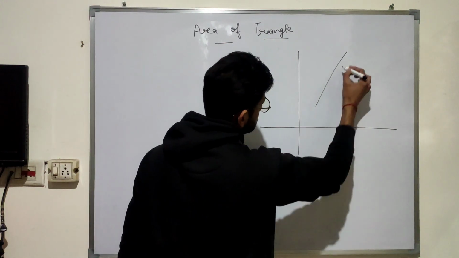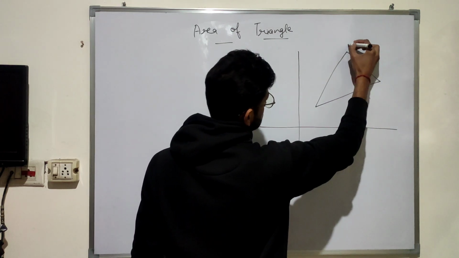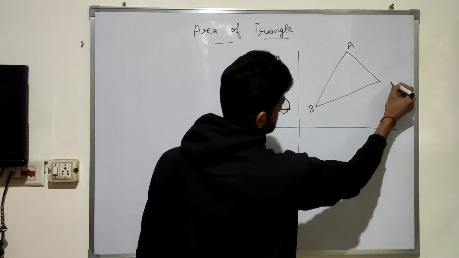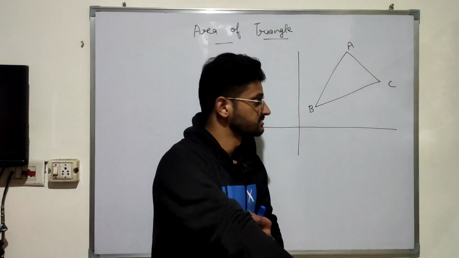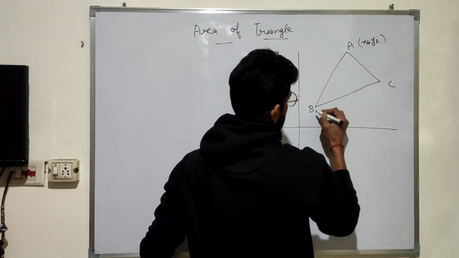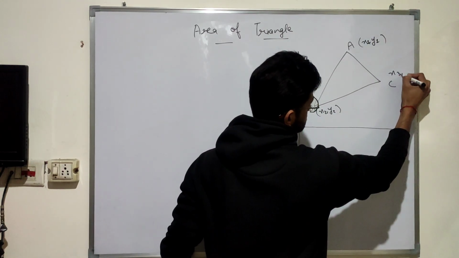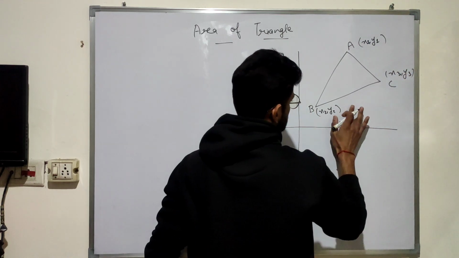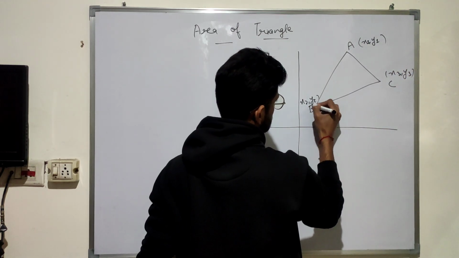So we have been given triangle ABC, and we have been provided the coordinates of all three points. The coordinates are x1 comma y1, x2 comma y2, and C is x3 comma y3. This is x2 comma y2.